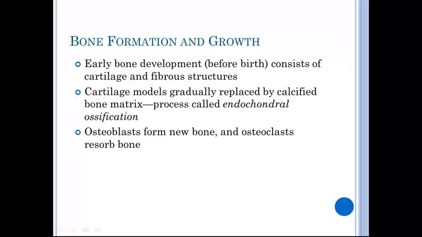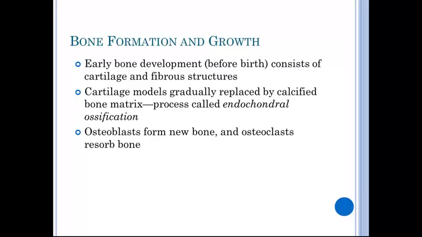Bone formation and growth. Early bone development before birth consists of cartilage and fibrous structures. So we are forming bones way before we are born. And cartilage models are gradually replaced by calcified bone matrices, and the process is called endochondral ossification.